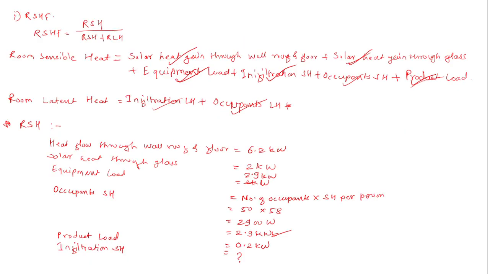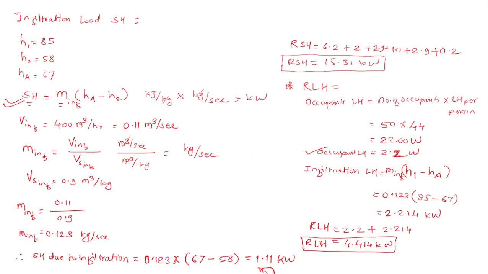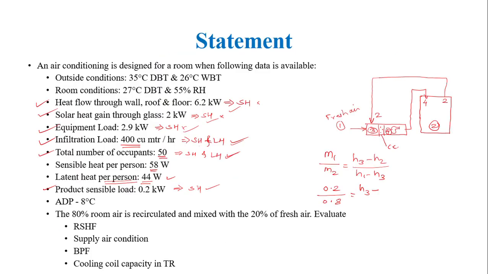The H2 value we already got, H2 is 58 and H1 is 85. Solve this and you can get the H3 value. So 0.8 into H3 minus 58 is equal to 0.2 into 85 minus H3.